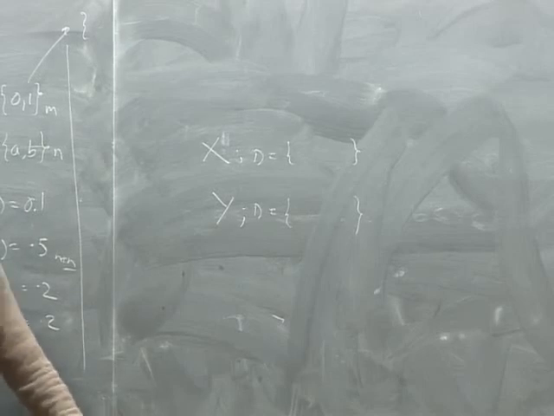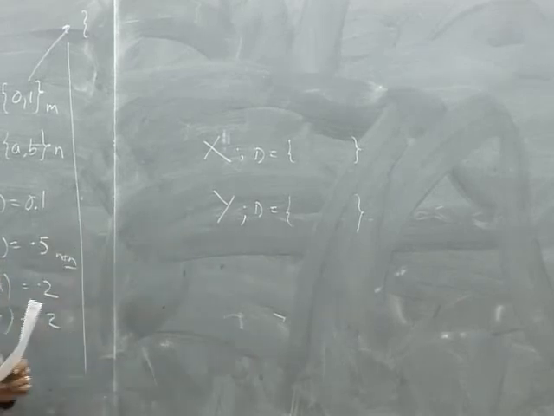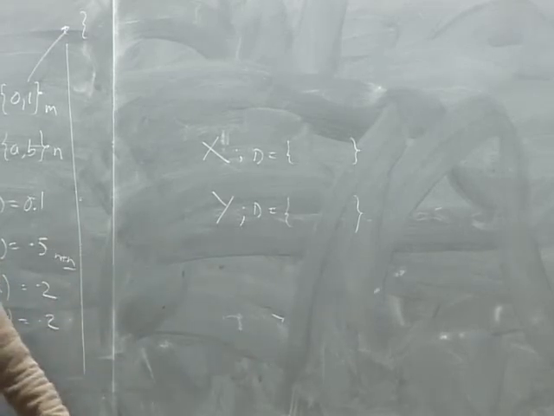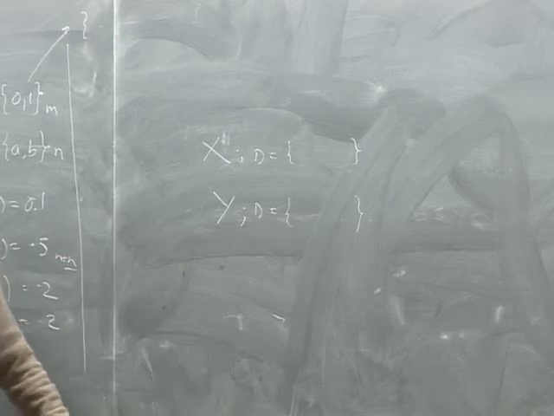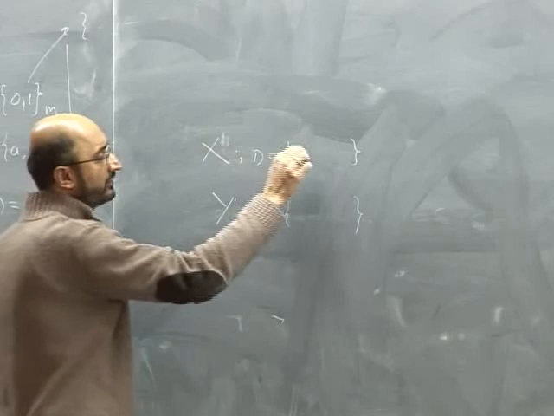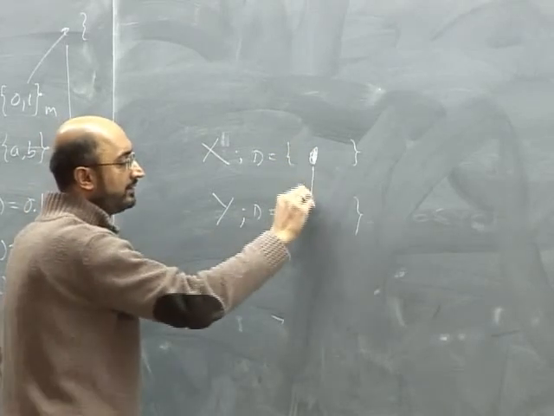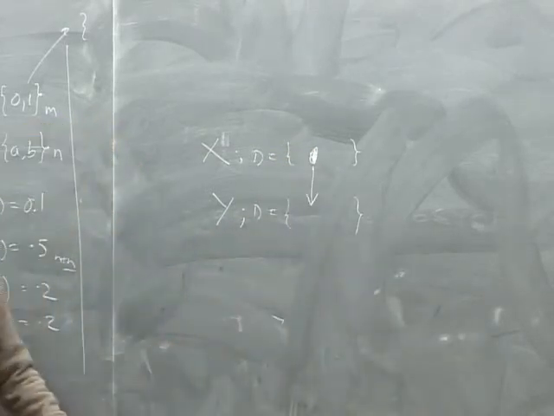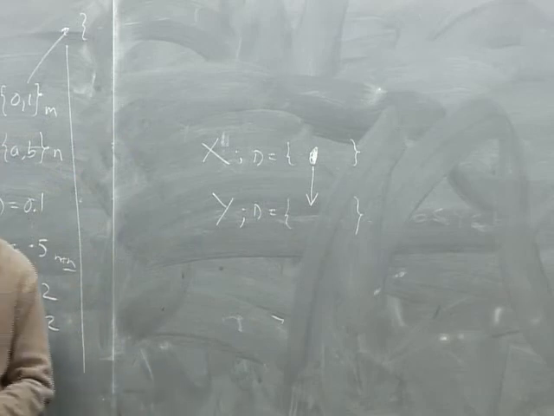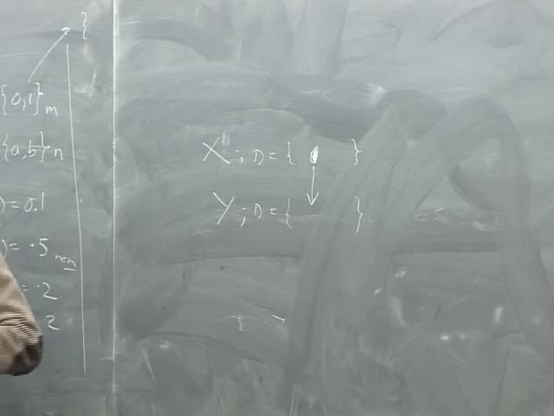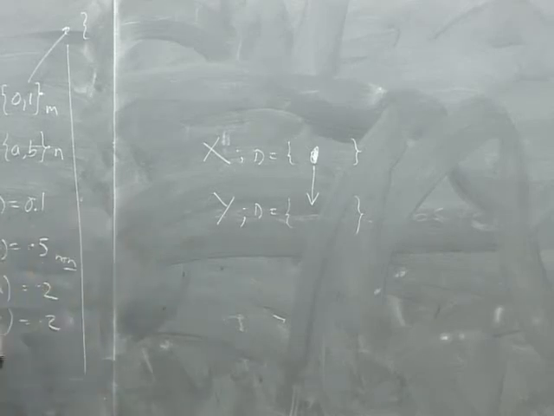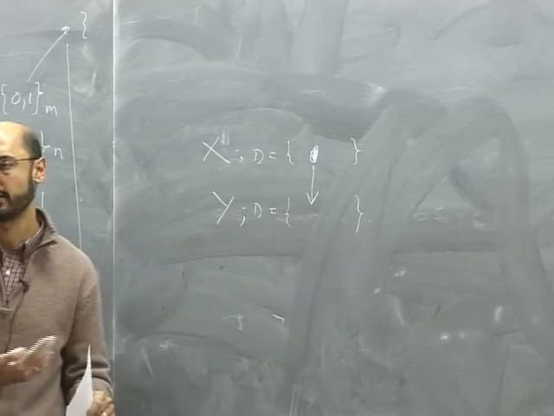We have some distribution of y, but if I know that x has taken on a particular value, then in fact y's distribution changes. So knowing that x has taken on a particular value changes the distribution of y, and if it takes on a different value, it changes to another distribution of y.